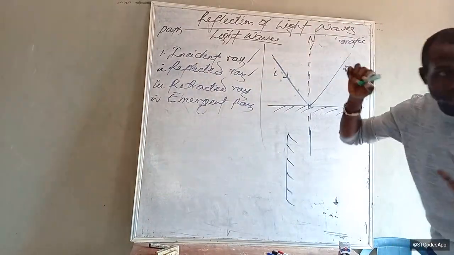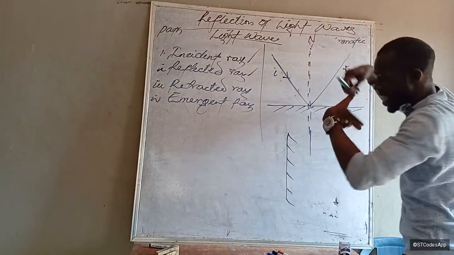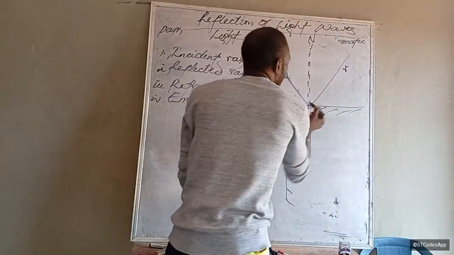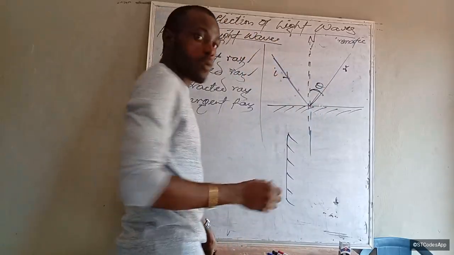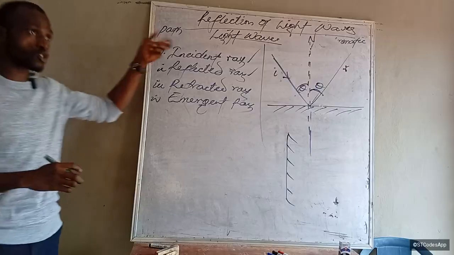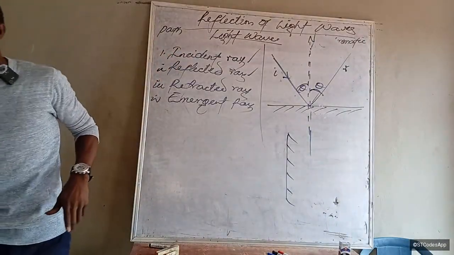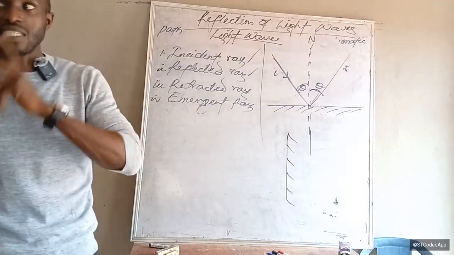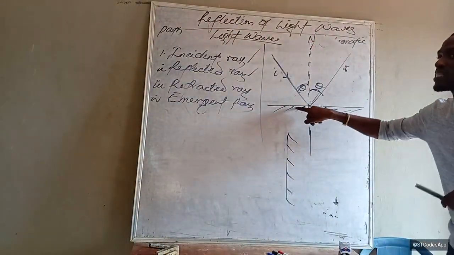So if you draw an imaginary line along the path where that ray touches, the angle of reflection will be equal to the angle of incidence. Not angle of incident, it's called incidence. Angle of incidence. You read it with respect to the normal, not with respect to the surface.